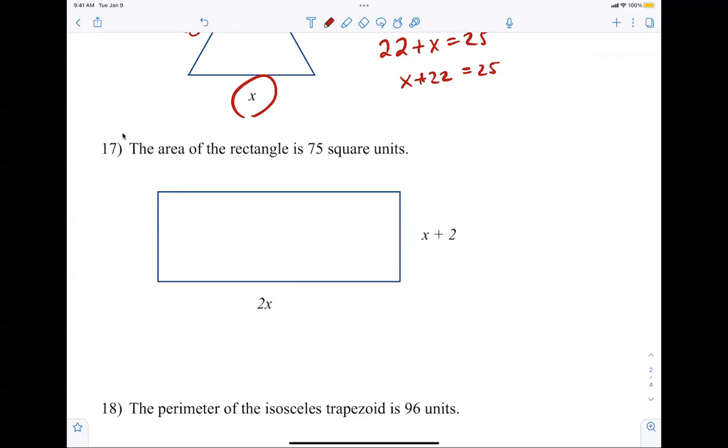So I need everybody to put above that: A equals length times width. All right, so now that I gave you that little hint, can you tell me? 2x. Good. And then what? Would that be x plus 2 in parentheses? Yes, it would. Thank you, sir. And then equals 75. Yep, that's all there is to it. So if you forgot what perimeter is, make sure you make yourself a note. Perimeter means add up the sides. If you forgot what area means, area of a rectangle, length times width.